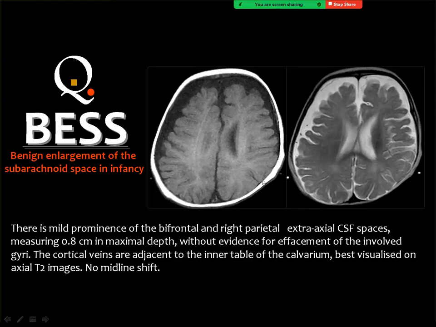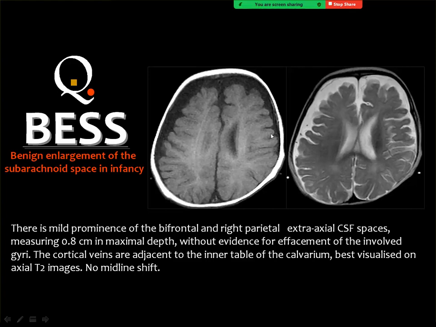Some of the infants may have a large head, and they are diagnosed as hydrocephalus. Then, when they have a CT scan or MRI, the report may say that this is atrophy, and this is wrong, because there is a well-known entity in infants who present with a large head, known as benign enlargement of the subarachnoid space in infancy.